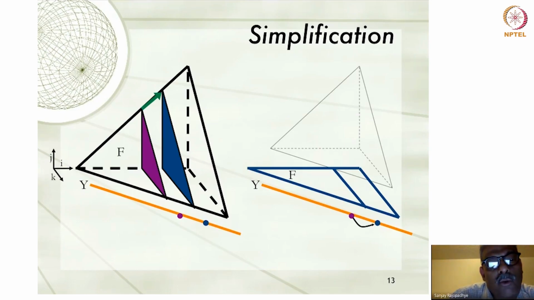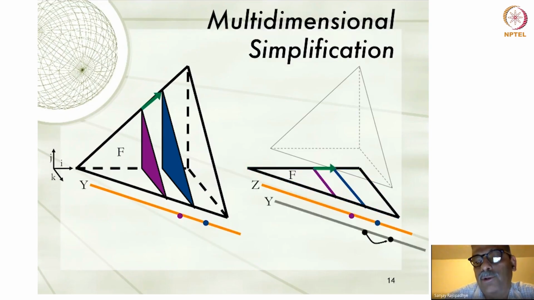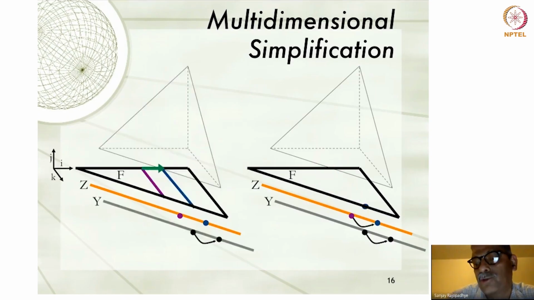If I go along the 1, 0, 0 direction, the value of f is the same. So I can also exploit this reuse, and I find that the blue answer can be computed simply by taking the red previous answer and doing one extra computation.